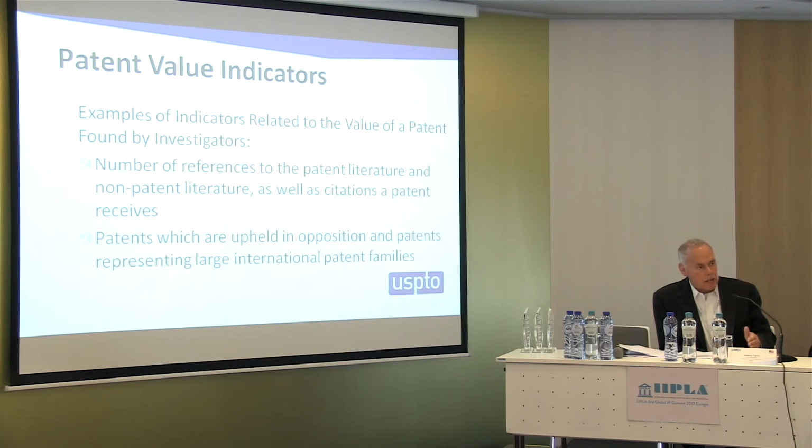How many times is that patent actually cited in other applications or other patents? The other situation is patents which are upheld in opposition, and patents that represent large international patent families. This is just a limited number. There's a whole bunch of other examples, but I just wanted to give you a flavor of some of the things that would indicate patent value.